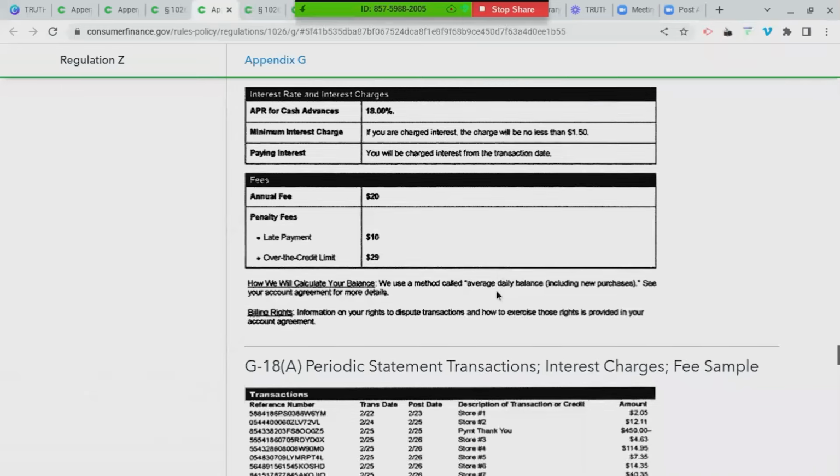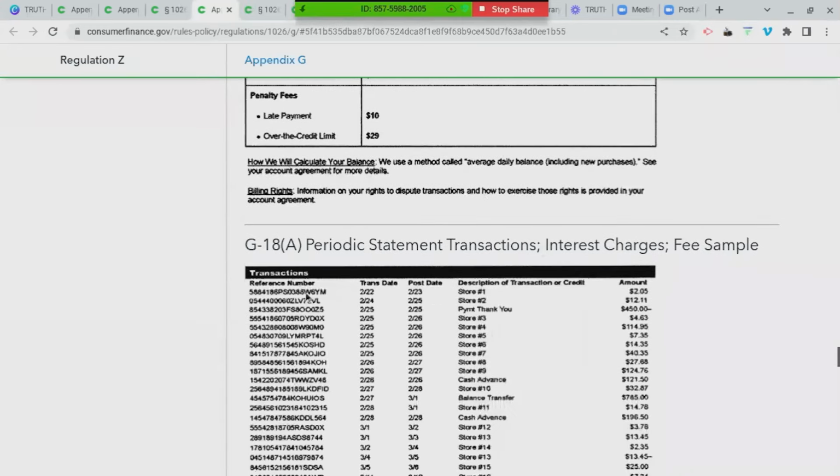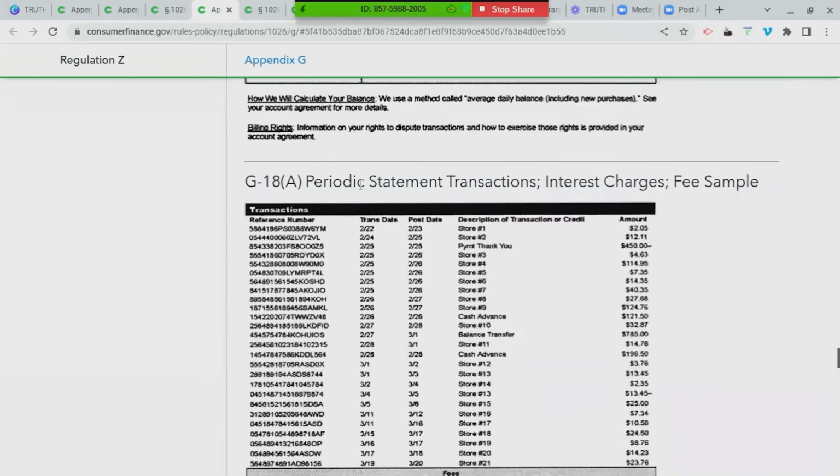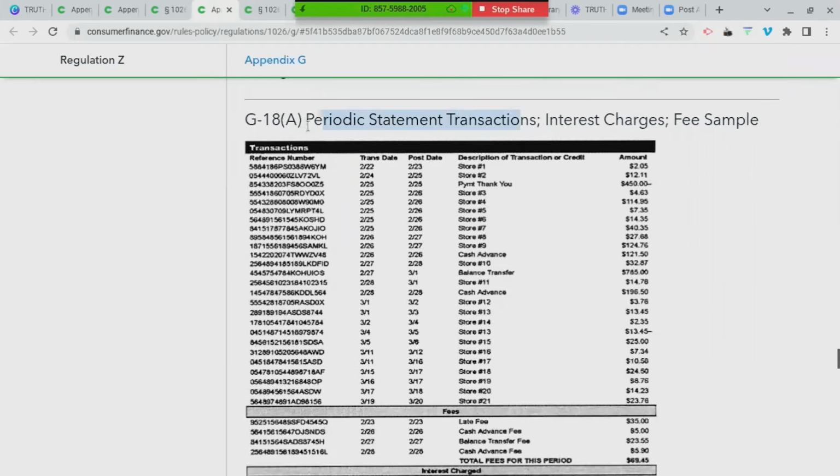Under the periodic statement of transactions, interest, charges, and fees, this is a sample right here of how your periodic billing statement is supposed to be provided to you. This is what I was looking for. So when it comes to them providing you that periodic billing statement at the end of whenever you use your credit card, that statement is supposed to be mailed to you in this form.